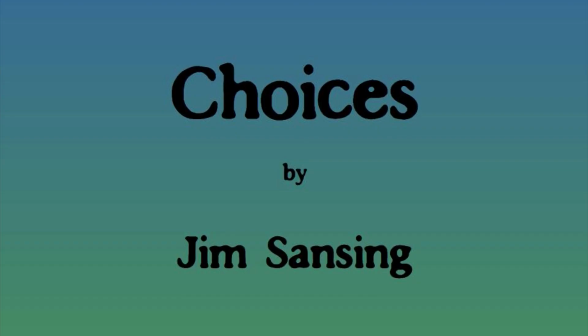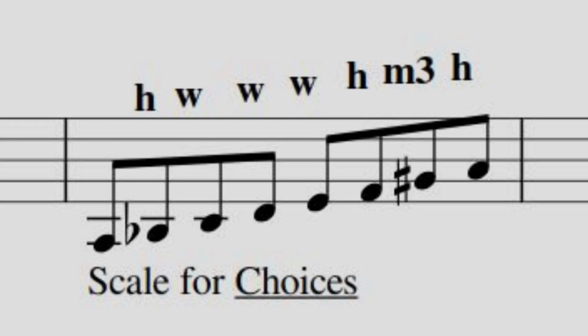The scale pattern used in Choices is half step, whole step, whole step, whole step, half step, minor third, half step. This is almost a harmonic minor, except that the steps from the root are reversed, from whole step, half step to half step, whole step.